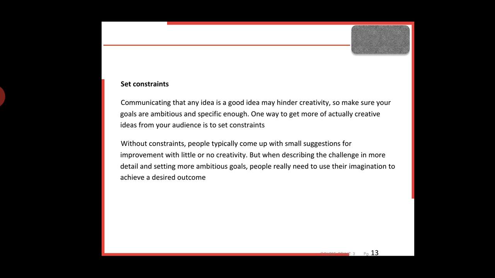In previous classes we saw the introduction of idea generation, what exactly we mean by ideation, and the tools and techniques for generating ideas. And now we see the topic: succeeding with idea generation.